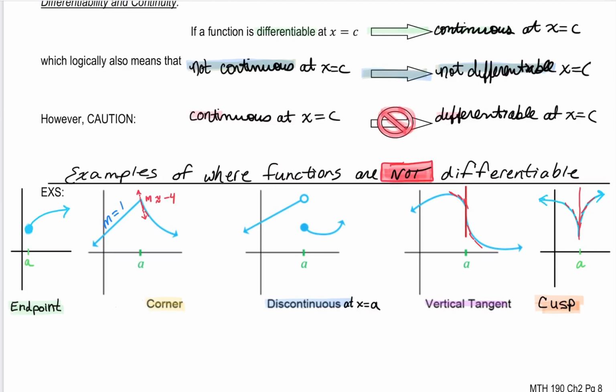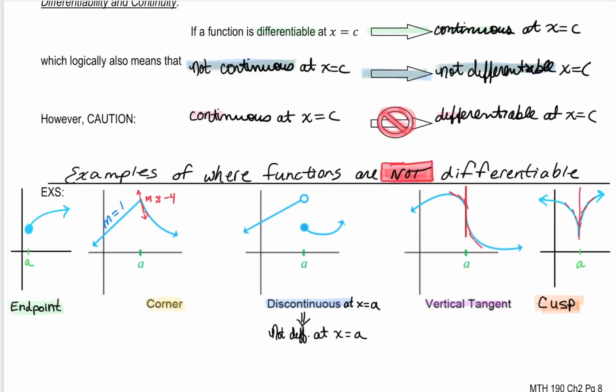So that's the one right in the middle right here. So if we are discontinuous at x equals a, then this is going to immediately imply that we are not differentiable. I'm just going to say not diff at x equals a. Okay, so that's sort of our first one that we want to be aware of.